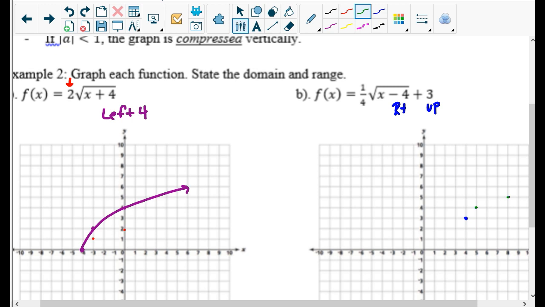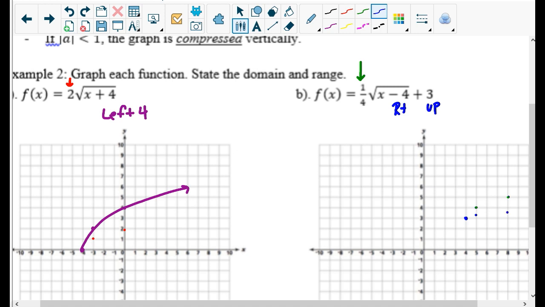So now, here I'm being multiplied by 1/4. It's kind of hard to tell. I could guesstimate and say, okay, well 1/4 is about right there, over 1 up 1/4, okay? I don't necessarily have to. If I went over another 1/4, then I'd be at 1/2, okay?